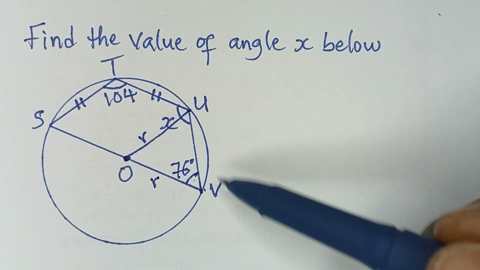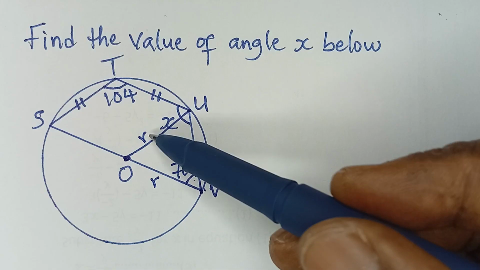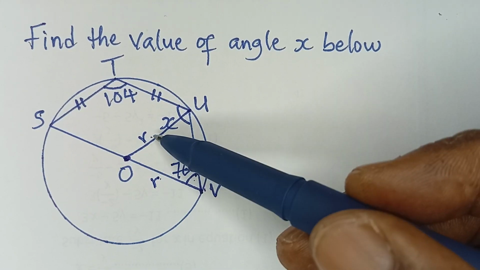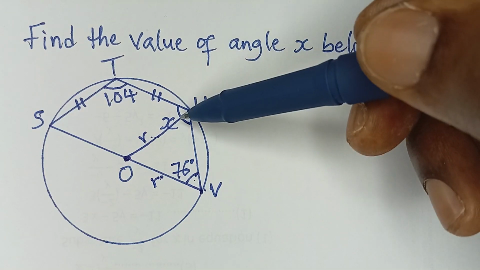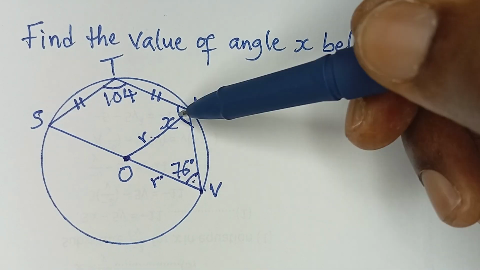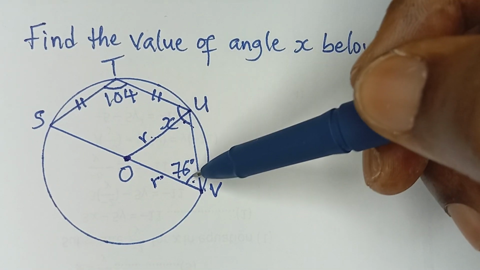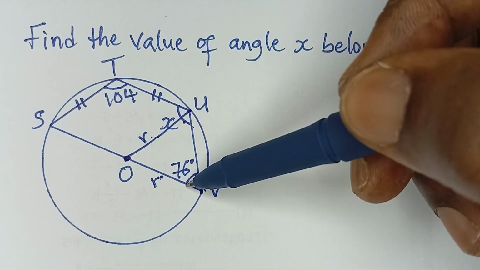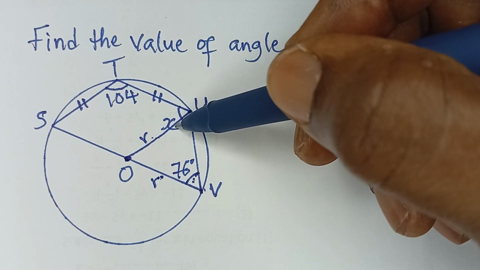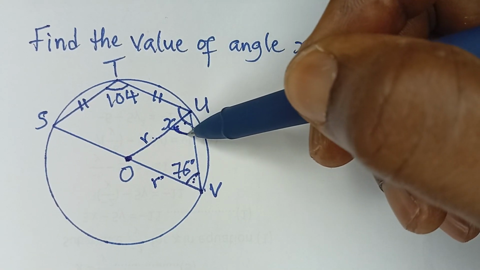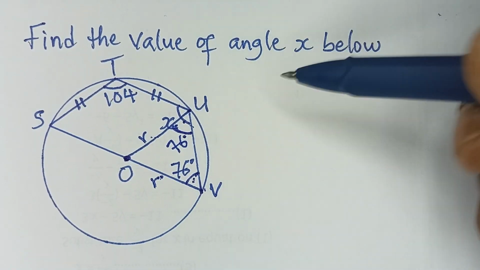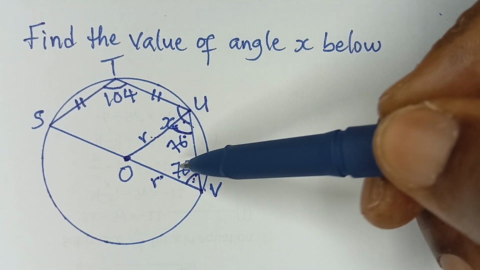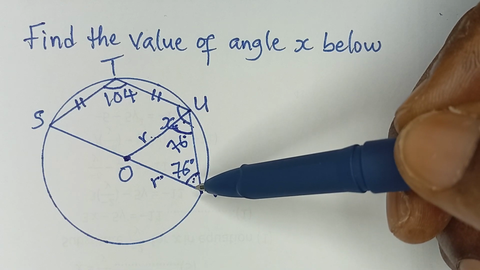Triangle OUV is an isosceles triangle because the two sides are equal. So that means the base angles will also be equal. So for an isosceles triangle, the base angles are equal. So if this is 76, it means that this angle here is also 76 degrees because they are the two base angles of this isosceles triangle.